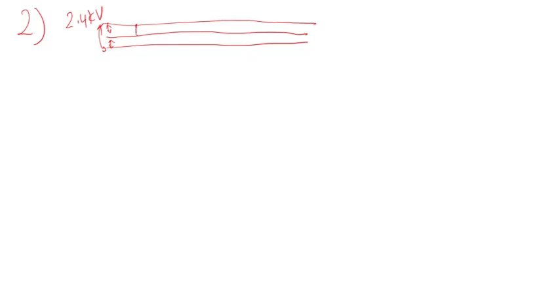So I have a three-phase load connected in delta. So this is the three-phase load. Then I'm just going to connect it to the lines or feeders.